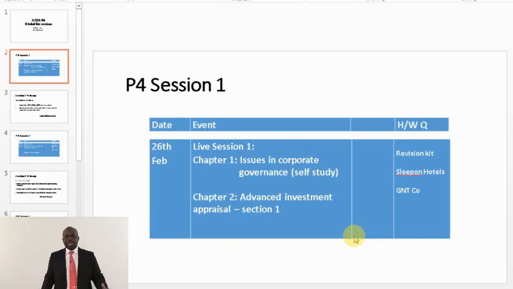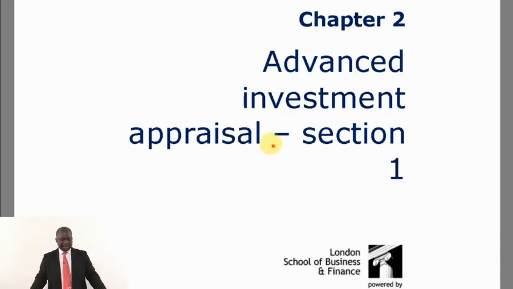So that is where I am going to start Session 1. Chapter 1 is going to be a self-study, and chapter number 2 is where we are going to start. So we pick our lecture notes, and then we start from chapter number 2, Advanced Investment Appraisal, Session 1.